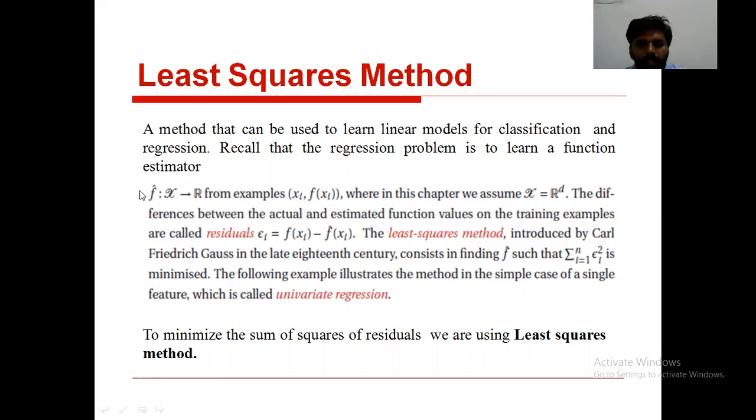Here, to construct this function estimator, what are we considering? We are considering xi comma f of xi. Here, x indicates instances which are in the instance space, and f indicates the function estimator. Now, what are we calculating here?